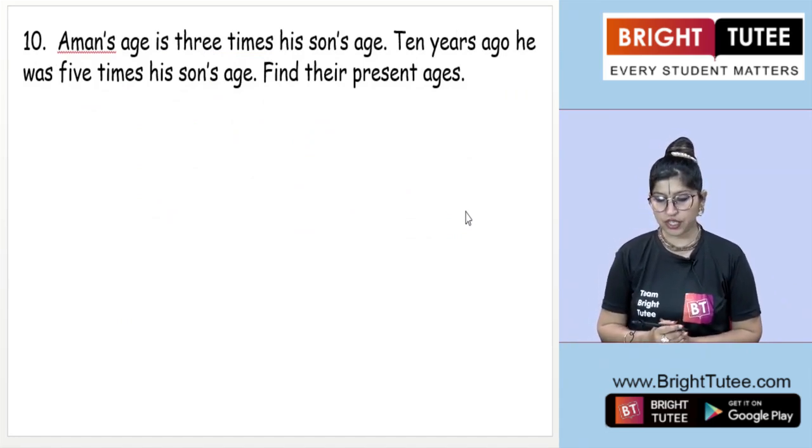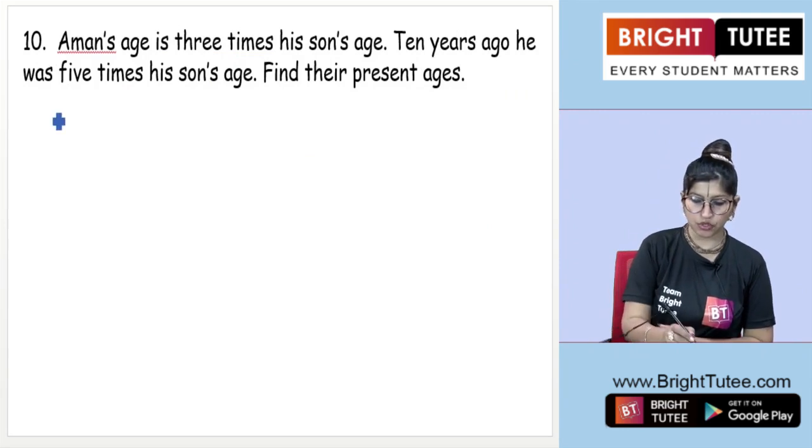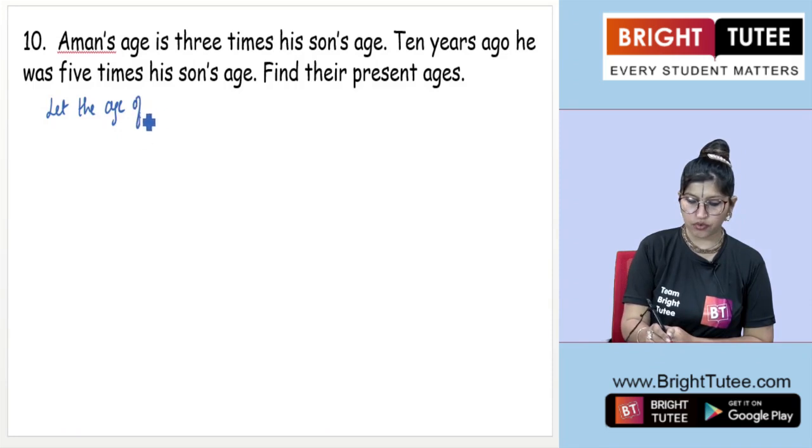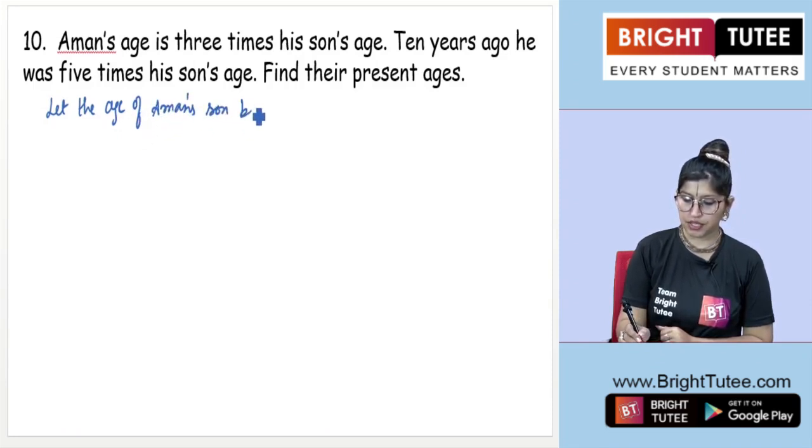So, Aman's age is 3 times his son's age, and I am sure you know what to do. So, let the age of Aman's son be x years. Now, if it's x years, what will be Aman's age?